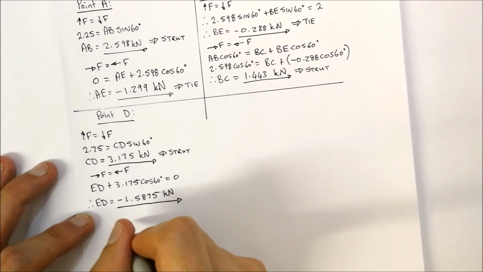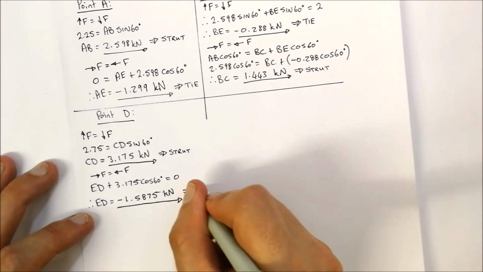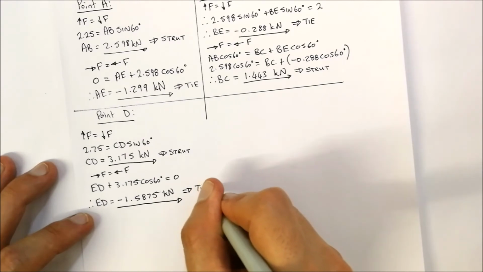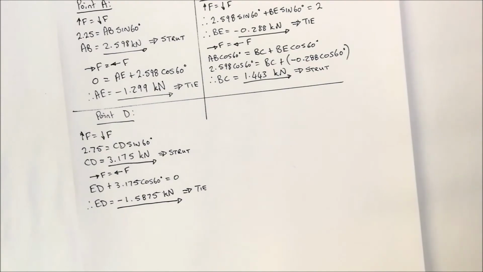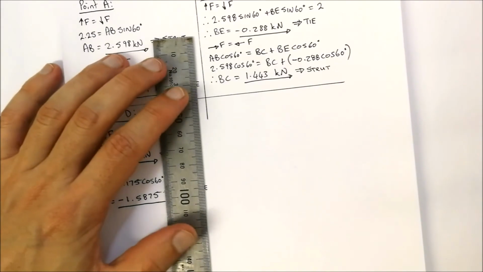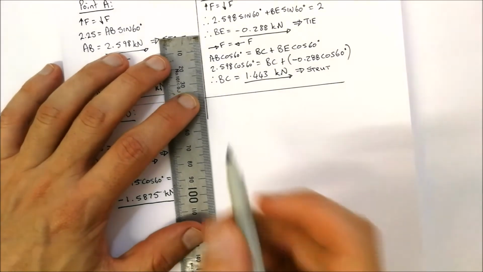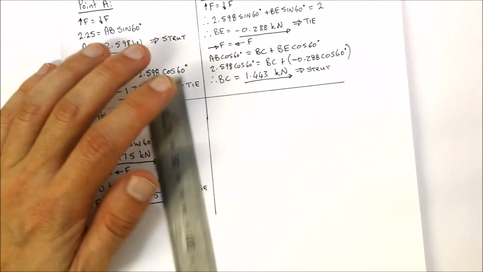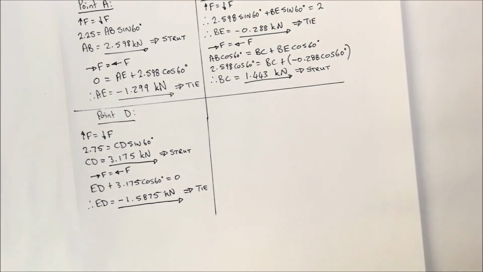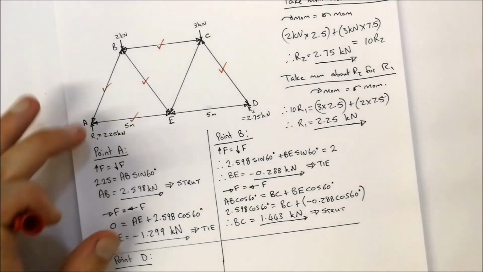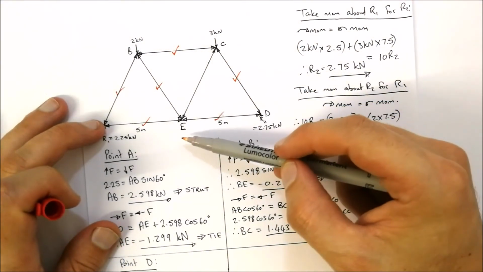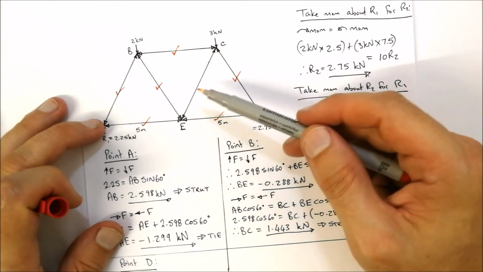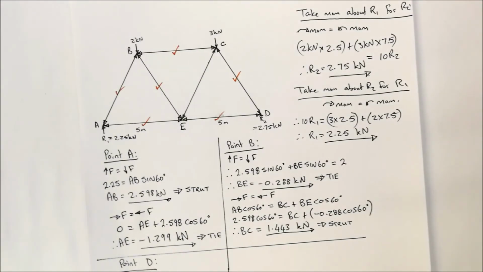It's a negative value, so that implies it's a tie. Now that we've done that, we've calculated all except one beam. We've got ED, so we can tick ED off on the diagram. We still don't have CE, so we need CE or EC.